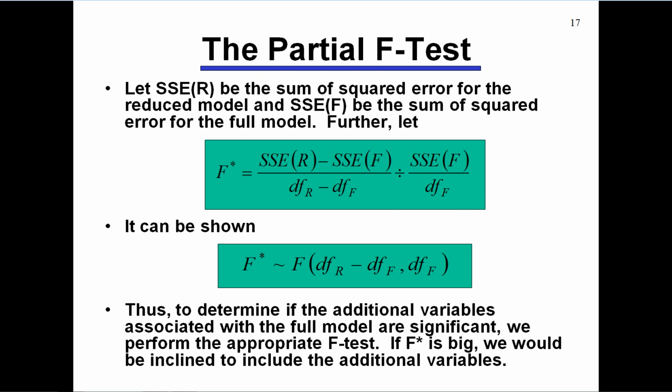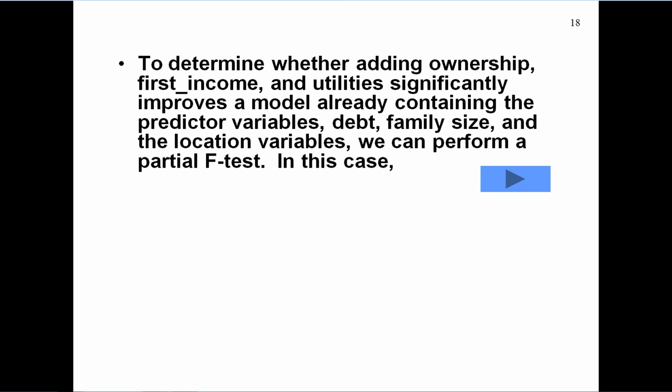Now, unfortunately, Excel does not do this automatically for us, but we can certainly run the full and the reduced model, and we've already done that in a previous lesson. I'm going to go and review that again with you in the context of this partial f-test, and it's going to confirm what we logically concluded in our previous lesson.